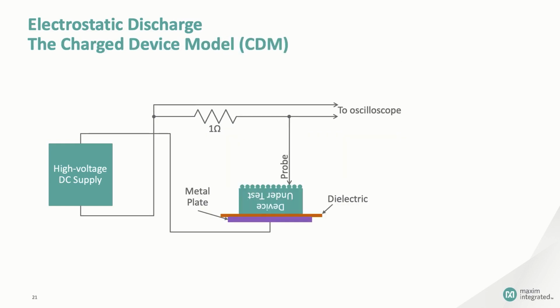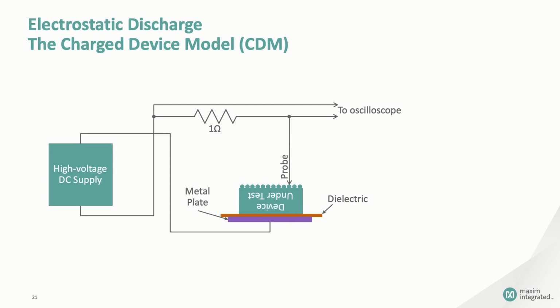Finally, the charged device model, or CDM, simulates the situation where the IC has slid down a dispensing tube onto a grounded platform. During the journey down the tube, the IC may have picked up a significant charge, and when it hits the grounded surface, it may experience an unpleasant discharge event.